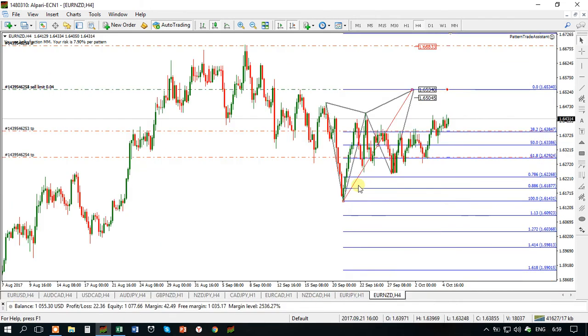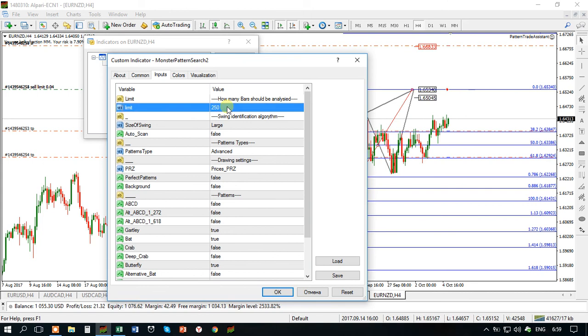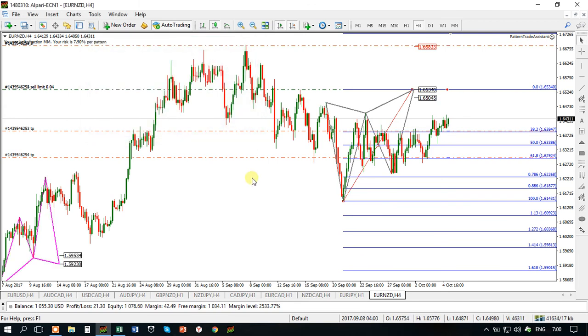By automated swing identification, I mean the monster pattern search. If you go here and type the number of bars, let's say 1000 bars, and you set auto scan to true, you will be given the trades automatically.